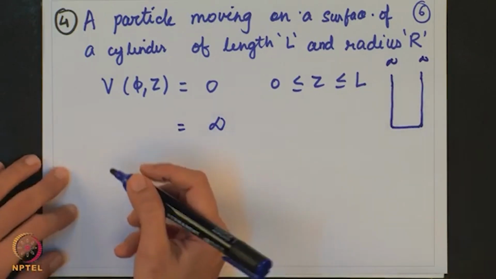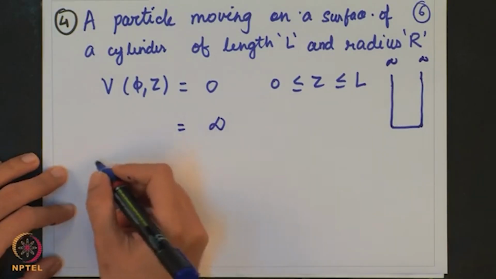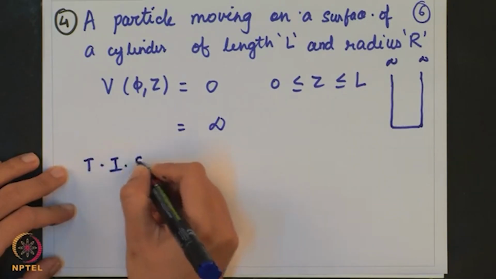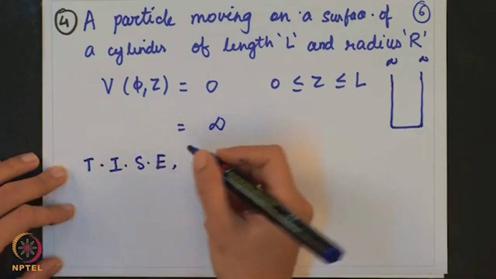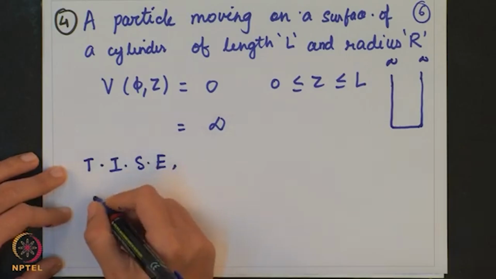Now, let us get started. We can use Cartesian coordinates to write the time independent Schrodinger equation and solve this, but I will use cylindrical coordinates.